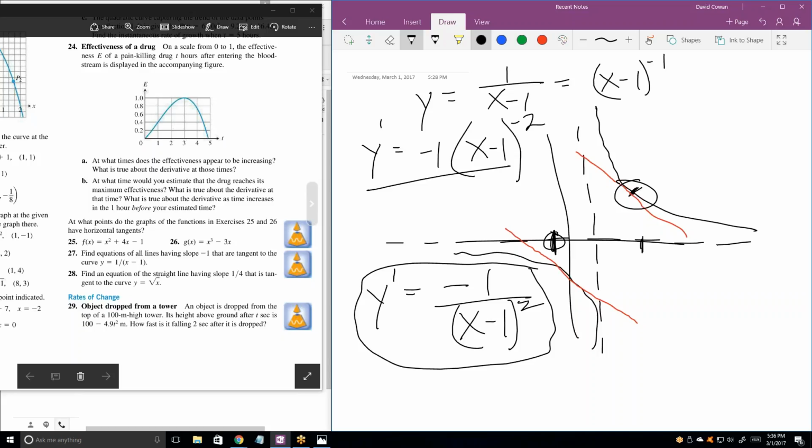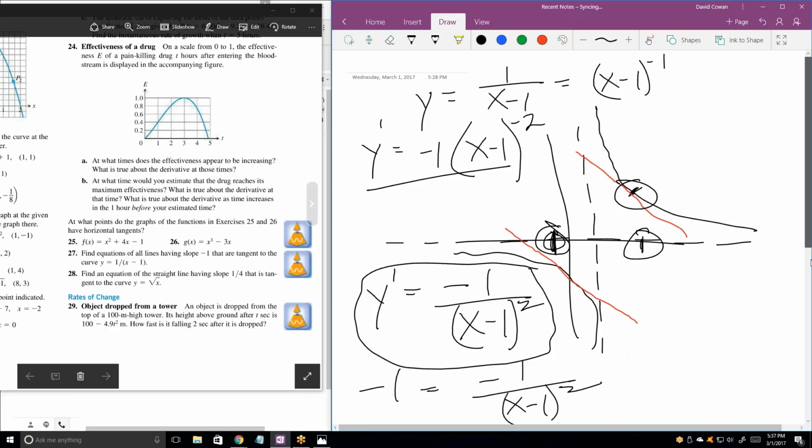Okay? Yes. Now, I want to know where the slope is minus 1. Well, that means y prime is minus 1. So now I have an equation to solve. This one right here. And whatever I get for x is going to be this value and this value.